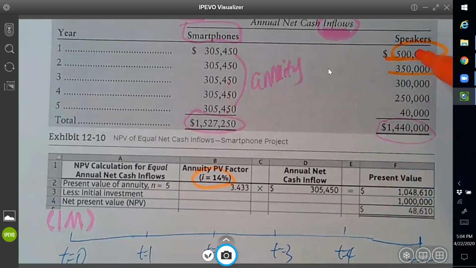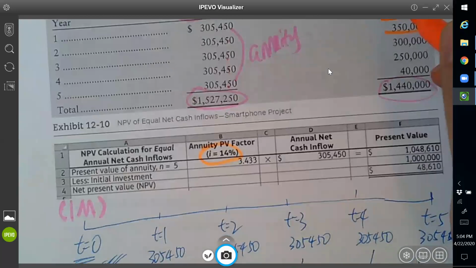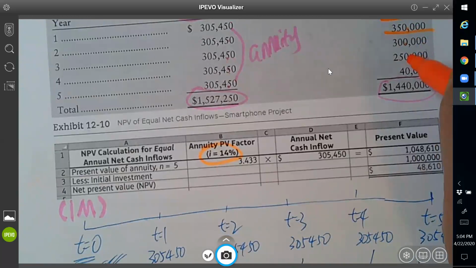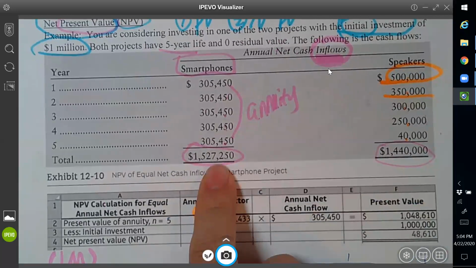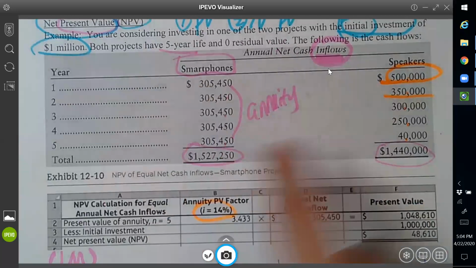If we flip the order, so first year is 40,000, the second year is 250,000, third year is 300,000, the fourth year is 350,000, and the last year is 500,000, then the NPV will be different, and I'm sure it's definitely lower than the smartphone.